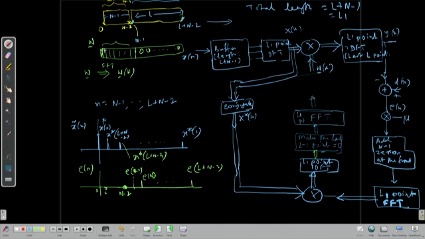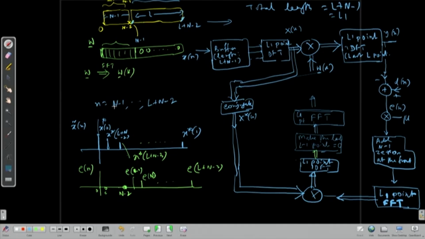I am repeating again, this is my block, which means the first part is the current weight vector and then extra zeros here. That is added with the update term which we calculated here. The update term also has L minus 1 zeros at the lower part and the upper part has the update values. When you add them in the time domain, you get the new weight update for use in the next block.